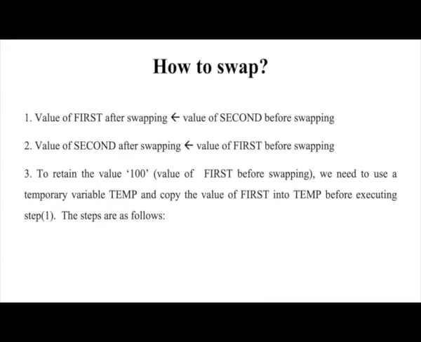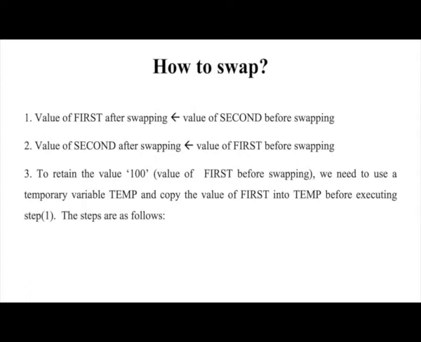Then how to swap? That is, the value of first after swapping will be the value of second before swapping. The value of second after swapping will be the value of first before swapping.